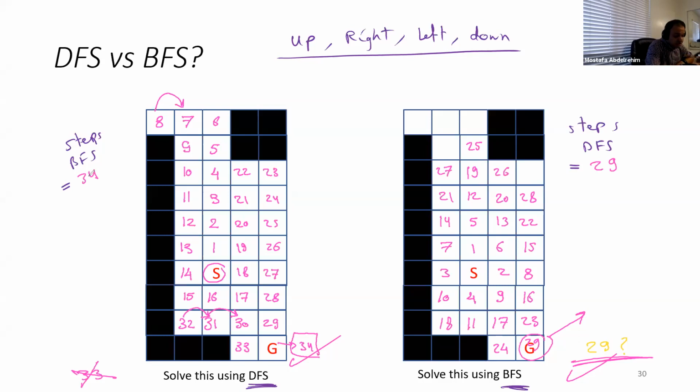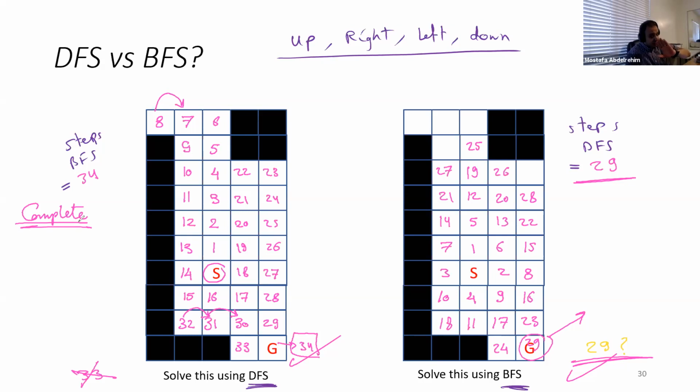So I'm just giving this example to stress the idea. Let you do it yourself, just to practice it. And to prove that DFS is not always better than BFS, depending on the example. Actually, BFS is a complete algorithm, meaning it will give you the route from the start to the goal if one exists.